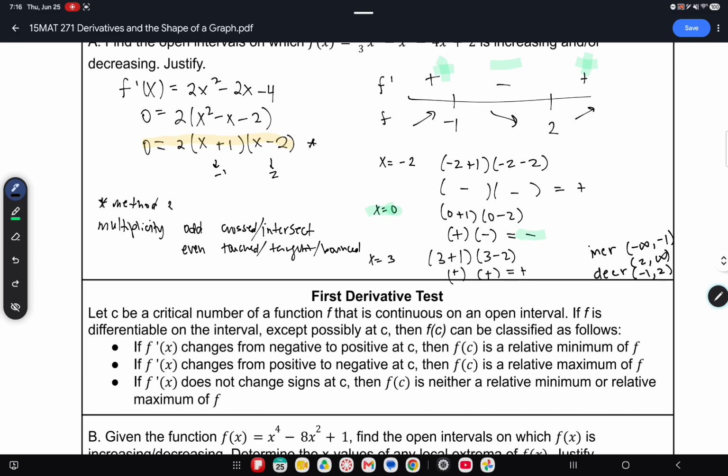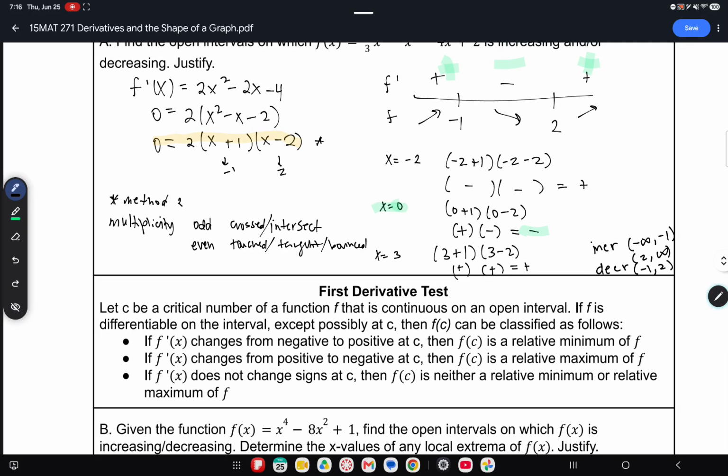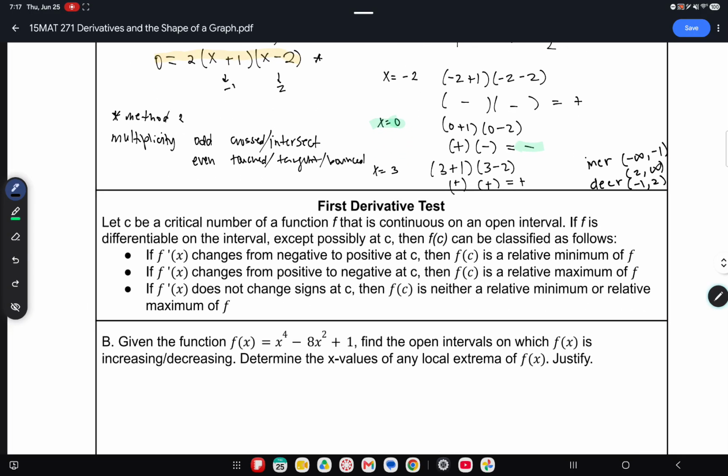Something else we can do with this first derivative test is find out those critical values if they're maximums or minimums. If there is a sign change like we just had, then it means something. So if the derivative changes from negative to positive at a critical value, then that point is a relative minimum.